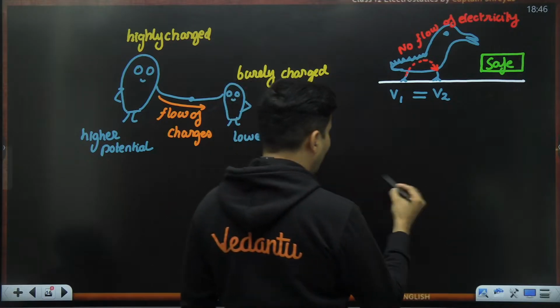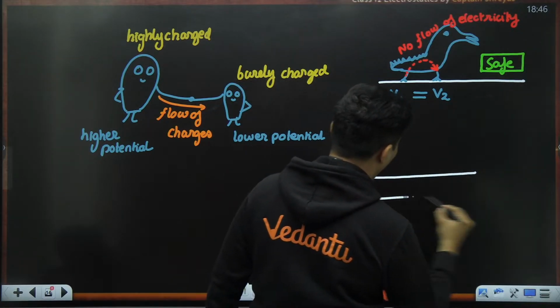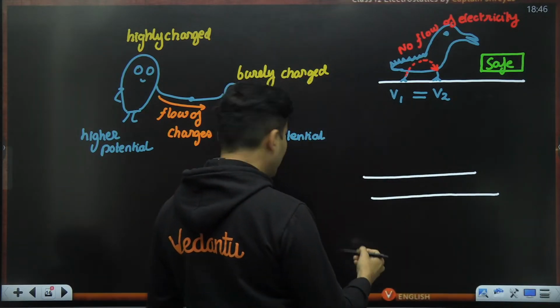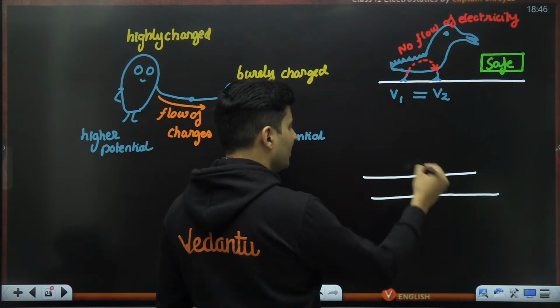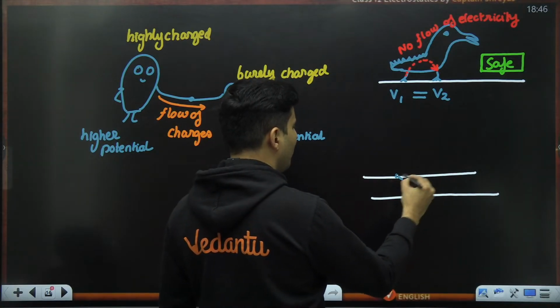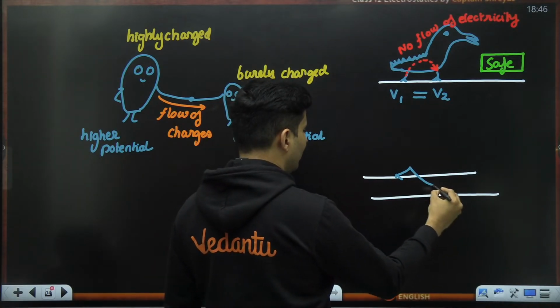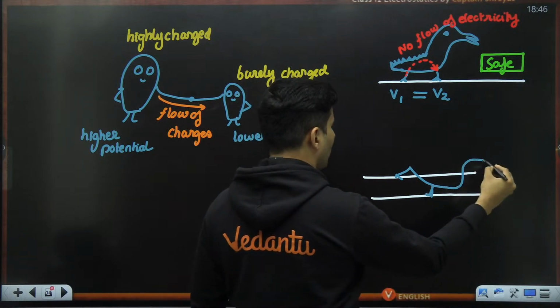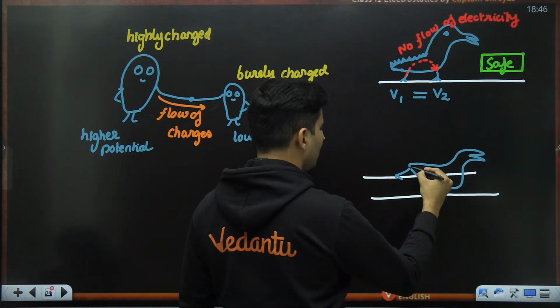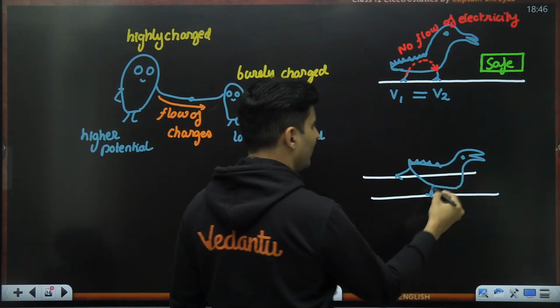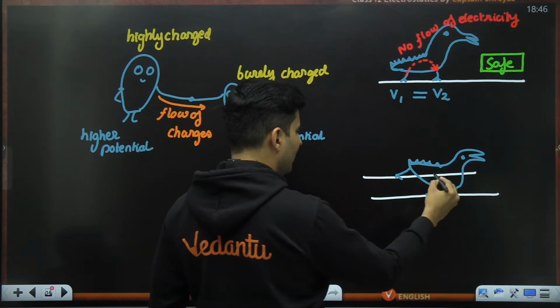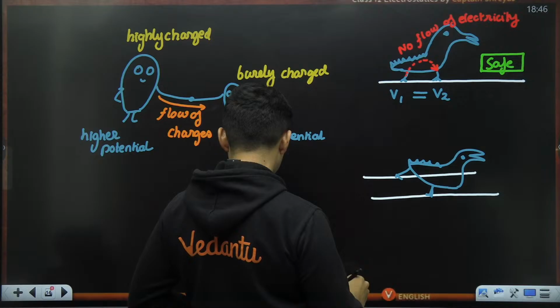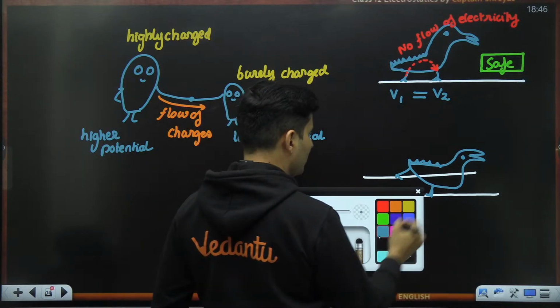But by chance, if there were two wires going adjacent to each other, and this very smart bird decides to keep one leg here and the other leg over here, what do you think will happen, my dear students?